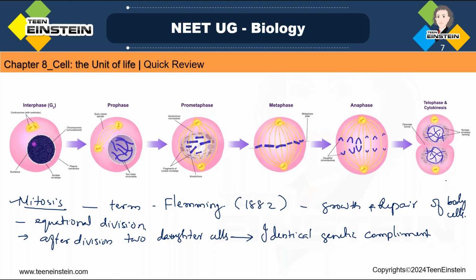And what is the significance of mitosis? Genetic stability. In mitosis the genetic content does not get changed. The same genetic complement moves on in the same way. The genetic condition of the organism is not changed, so that maintains genetic stability.